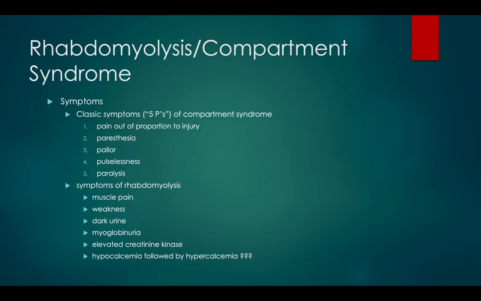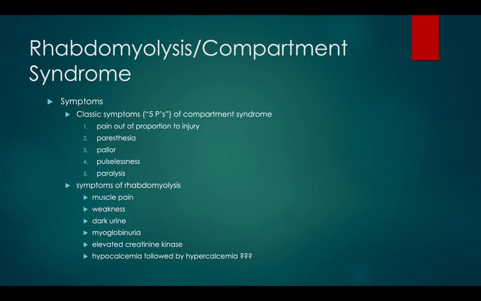You get a pulselessness, which is where, if the compartment syndrome is so severe that the pressure within the tissues is higher than the arterial pressure, you get no arterial blood flow and therefore pulselessness. And then finally, paralysis. If the extent of the hypoxia to the tissues is so severe that it damages the nerves and the muscles or makes them inoperable because of a lack of oxygen, you can get paralysis. So I would memorize those 5 P's because they're classic for compartment syndrome.